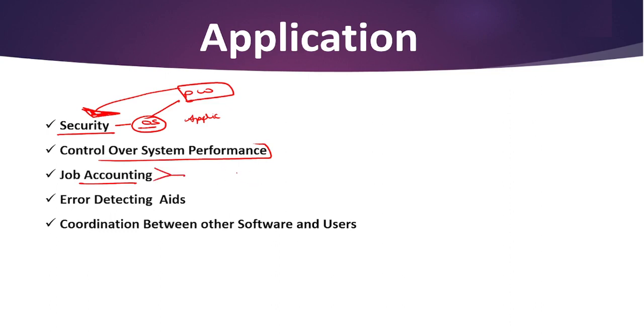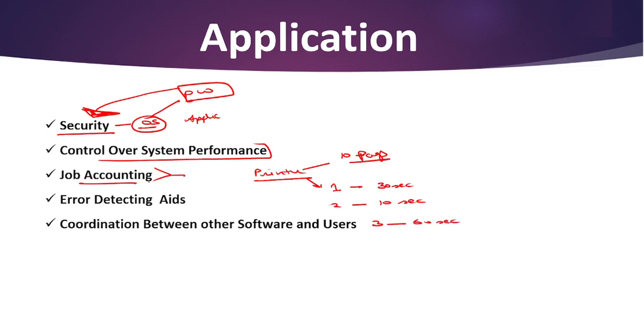So job accounting means what? For example, I'm using a printer and I have given a command to my printer to print 10 pages, right? So for my first page, my printer will use 30 seconds. For my second page it will take 10 seconds, for my third page it will take 60 seconds, that is, 1 minute.